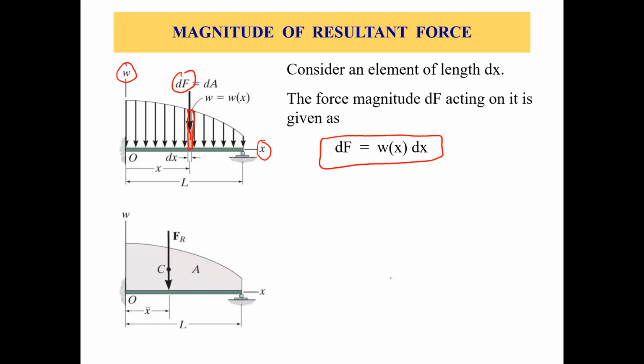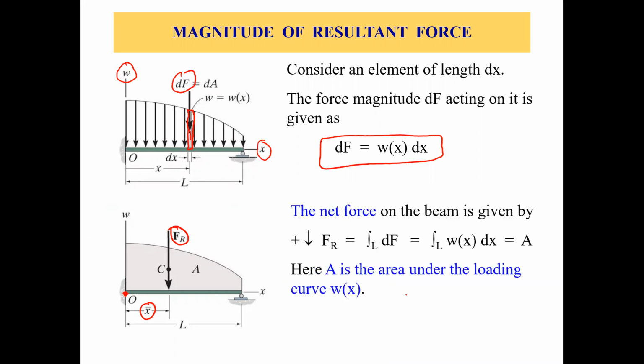All right. So now we are trying to find out the resultant loading, right? Resultant load or resultant force, which can replace this distributed loading. So we are trying to find this FR, resultant force, which is at a distance of x bar from this point O, or the origin. Okay, so how do we do that? The net force on the beam is given by FR, and we'll just take the integral of dF over the length.